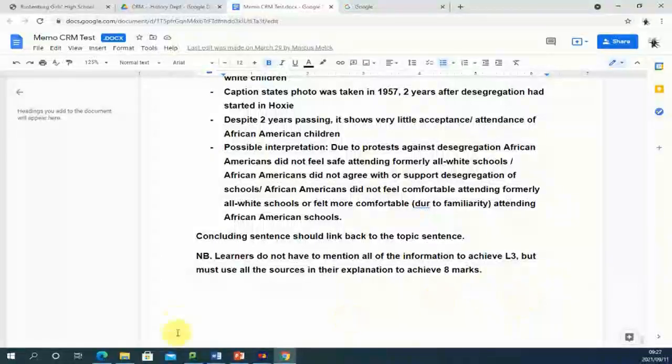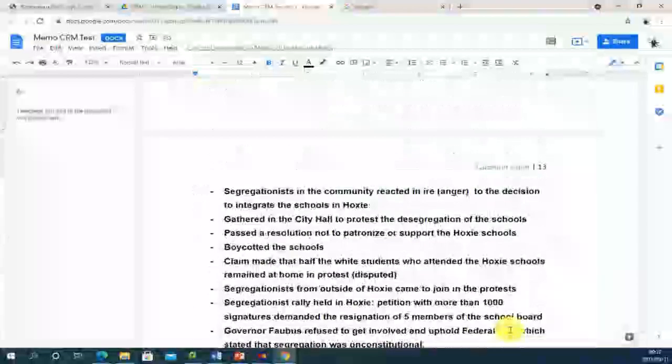Okay. Remember that you must have a concluding sentence which links back to the topic sentence. Okay? Remember, you've got to use your PEEL method, so you've got to have that link at the end that links back to your topic sentence. And what is important is that you don't have to mention all of the information to achieve level 3 on that little rubric, but you must use all the sources in your explanation.